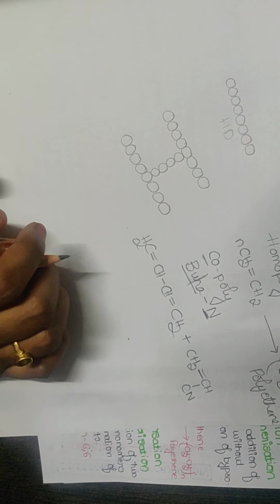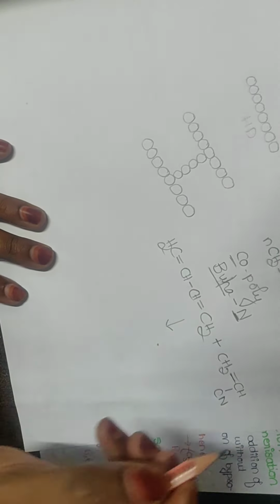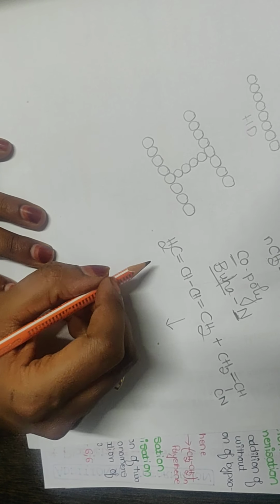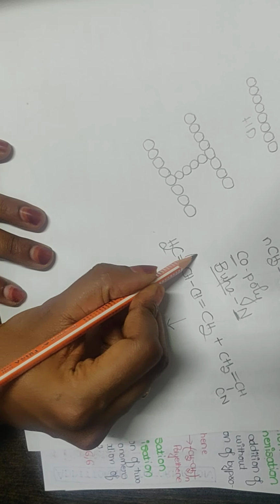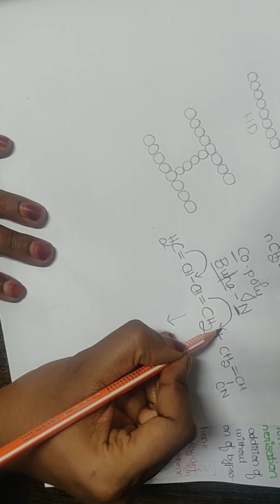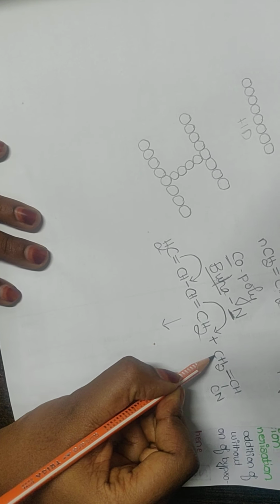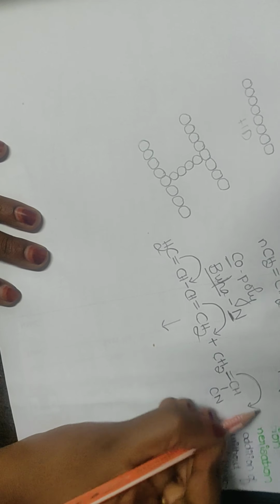So what will happen here? So it is very simple, as I have said, the pi bonds are getting delocalized in addition polymerization. So this pi bond will shift here, and this pi bond will form a bond between this carbon atom and this carbon atom. So this pi bond will extend here.